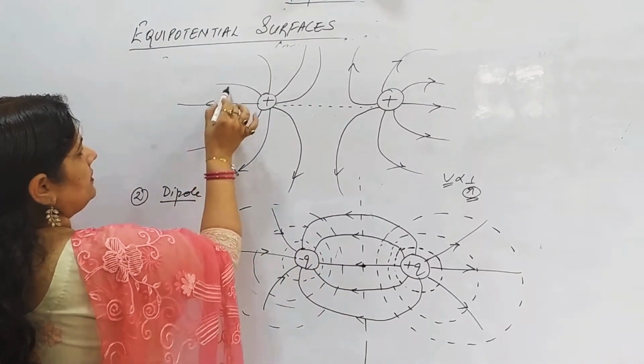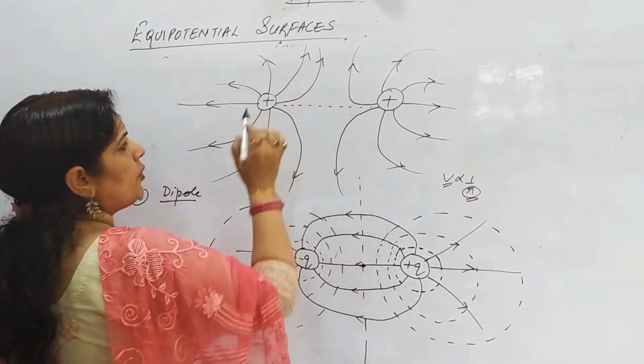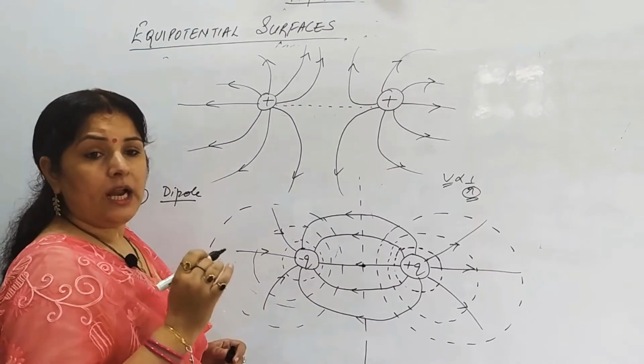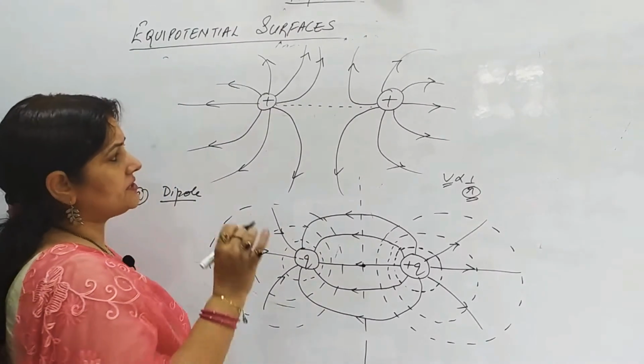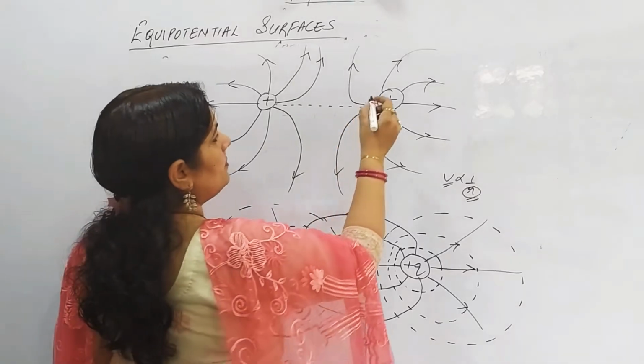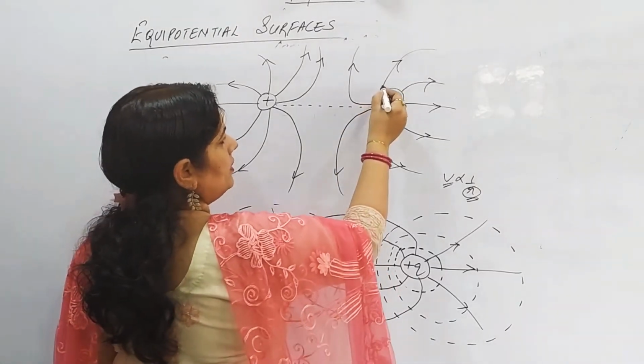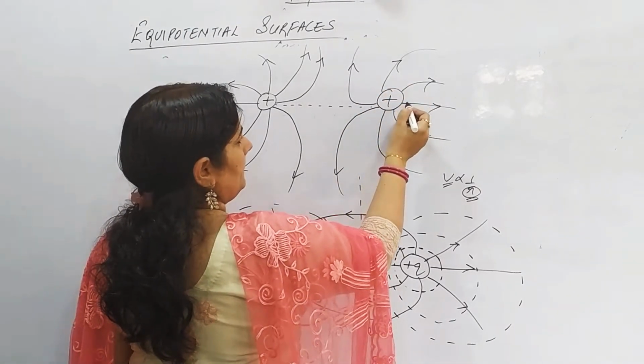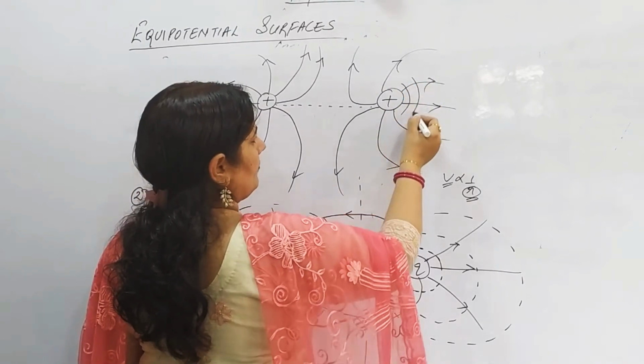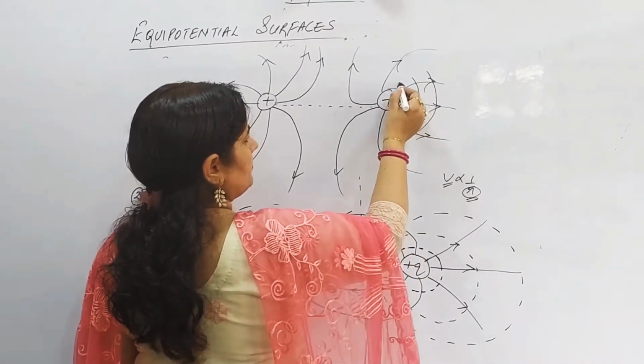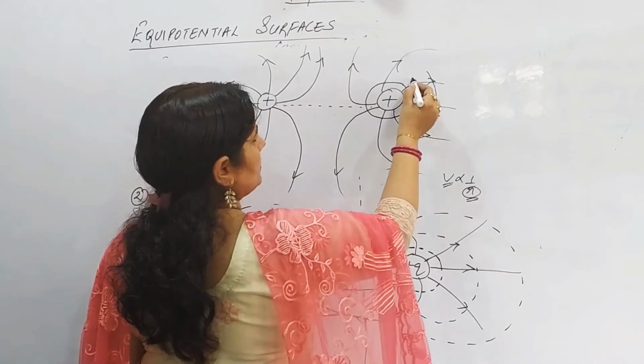These are the field lines due to two positive equal charges. Now if we draw the equipotential surfaces, the equipotential surfaces will be like this. Now I am not drawing in dotted lines. Yes, the equipotential surfaces will be like this.